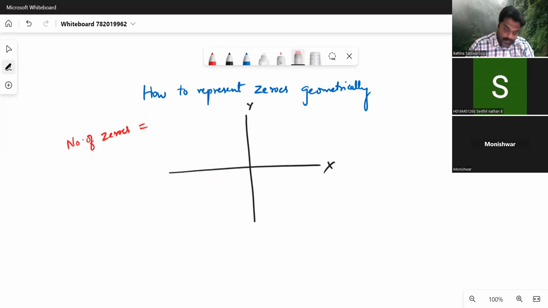Suppose I draw a graph like this. How many points is it touching? 4. So number of zeros will be 4. Correct? Yes, sir. Now observe carefully.